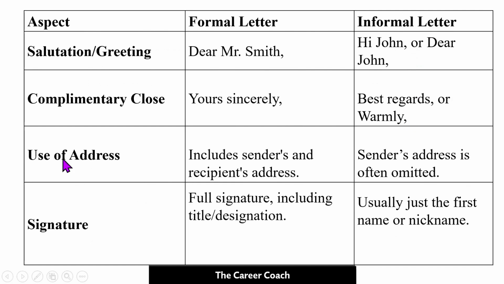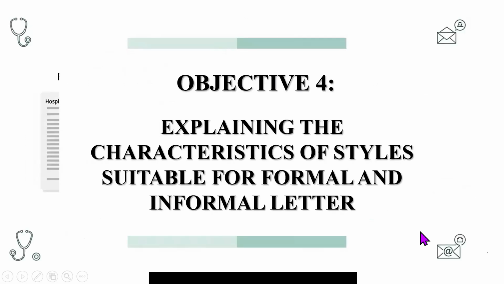With regards to the use of address, a formal letter includes the sender's and recipient's address. In informal letters, the sender's address is often omitted. With regards to signature, a formal letter takes a full signature including title and designation. For an informal letter, there is usually just the first name or even a nickname.